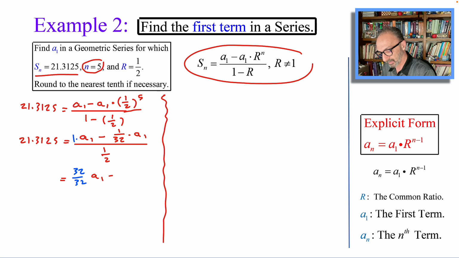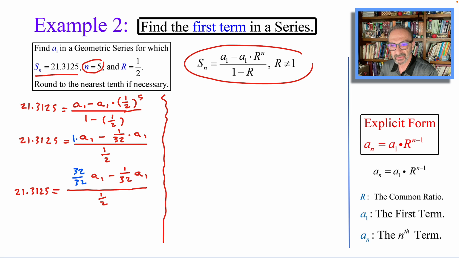A sub 1 minus 1 over 32 a sub 1 over half equals, let's take the equal and put it next to the fraction, and on the left side is 21.3125.